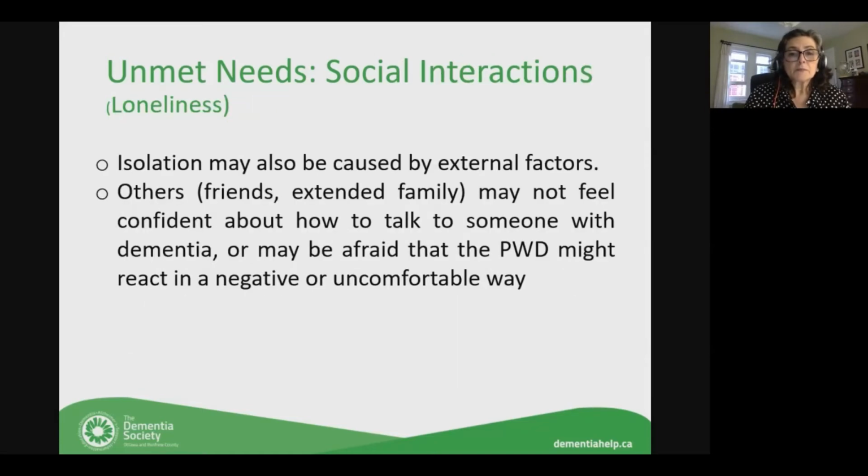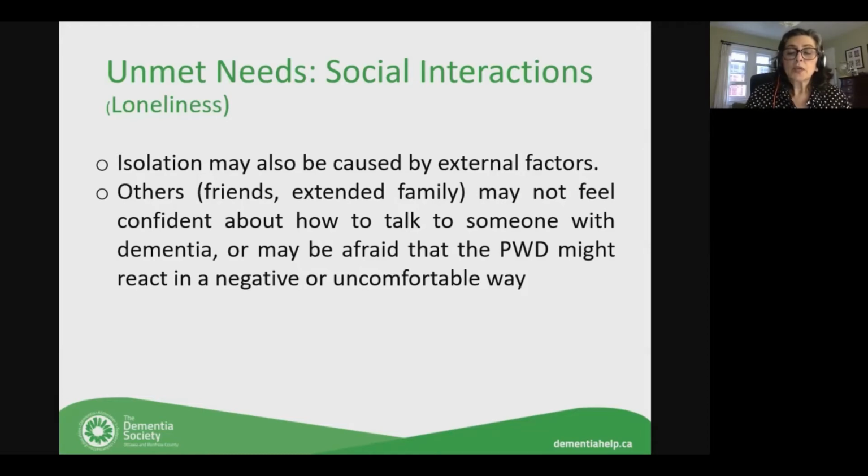Now, in terms of facilitating social interactions, of course, they can be related to the changes in the person, or they can be related to external factors. Sometimes friends or extended family don't know how to talk, or they're not comfortable around people with dementia.